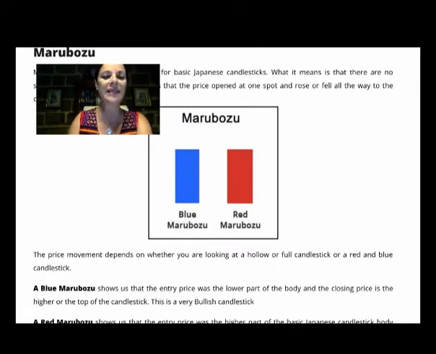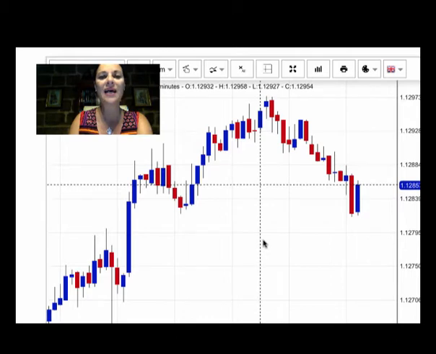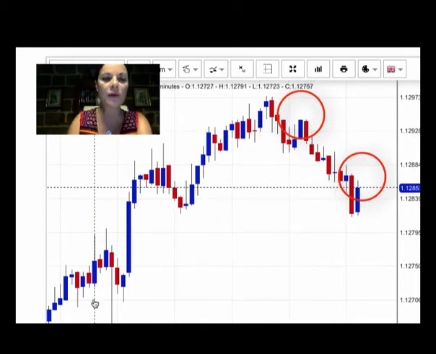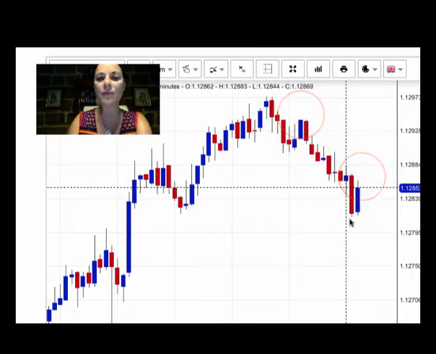If we look at a live trading session, which is at the moment on a 5-minute time scale, so a candlestick is a trading session of 5 minutes in this case, in the past couple of hours I cannot find a single Marubozu.